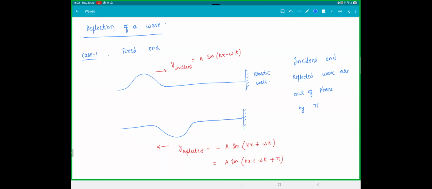So if a crest goes, you'll get a trough. If a trough goes, you'll get a crest. It will get reversed. So the fixed end will simply push you down. Clear with this? Kaivalya, clear? Trishi? Shreyan?